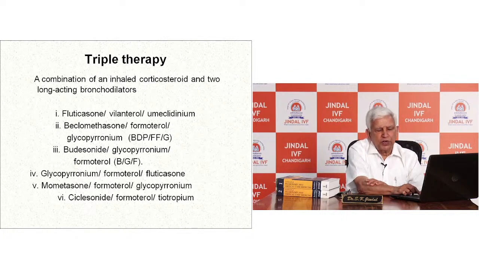And fortunately, in India as well, we have all these combinations from some of the companies. We have fluticasone, vilanterol, umeclidinium. We have beclomethasone, formoterol, glycopyrronium; budesonide, glycopyrronium, formoterol; fluticasone combinations; and mometasone, formoterol, glycopyrronium.